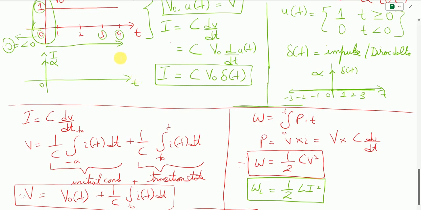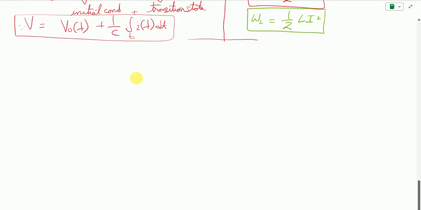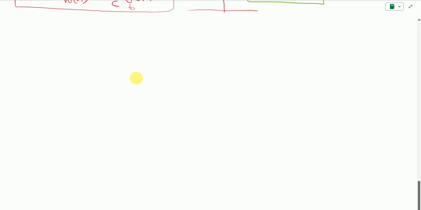Finally, let us talk about what to do if you want to use certain values of capacitors that are not available in the market. We know that we can use a combination of these capacitors, as we saw with inductors and resistors. So this is basically the series and parallel combination for capacitors.